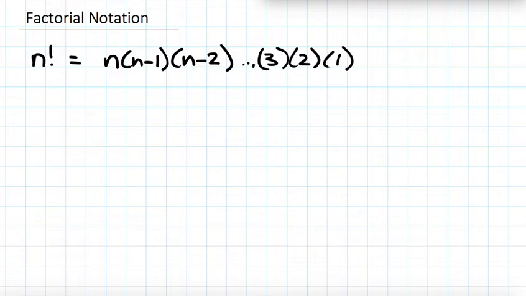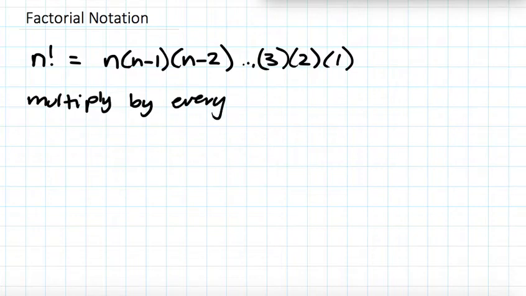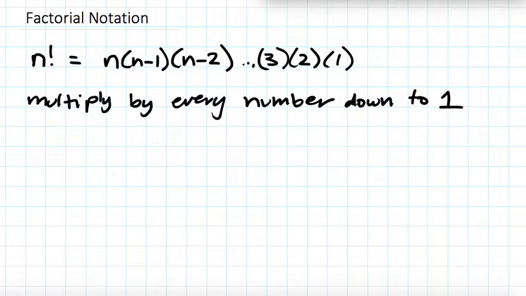So I'll write this out as instructions. Multiply by every number down to 1. And we have a special couple of cases that we use sometimes just to make the math work out well.